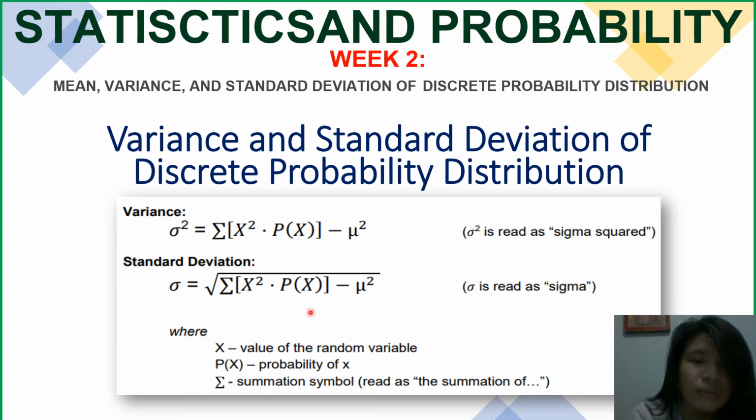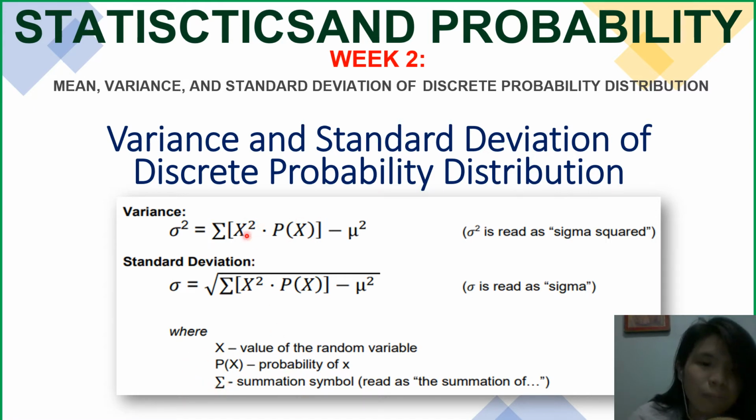Sigma is equal to the square root of variance, where x is the value of the random variable, p of x is the probability of x, and summation is the summation symbol. Kinukuha lang yung sum.